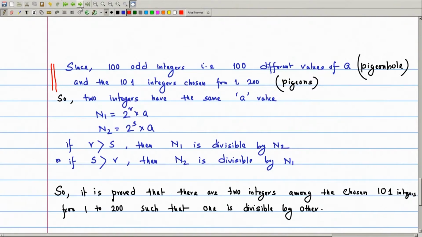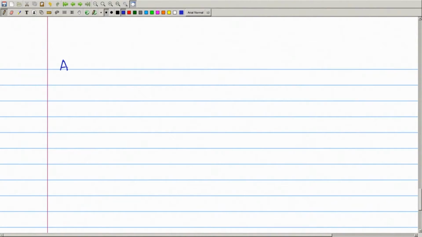Now, we see another type of application, some geometrical problems, where we can apply the pigeonhole principle to show some statements to be true.